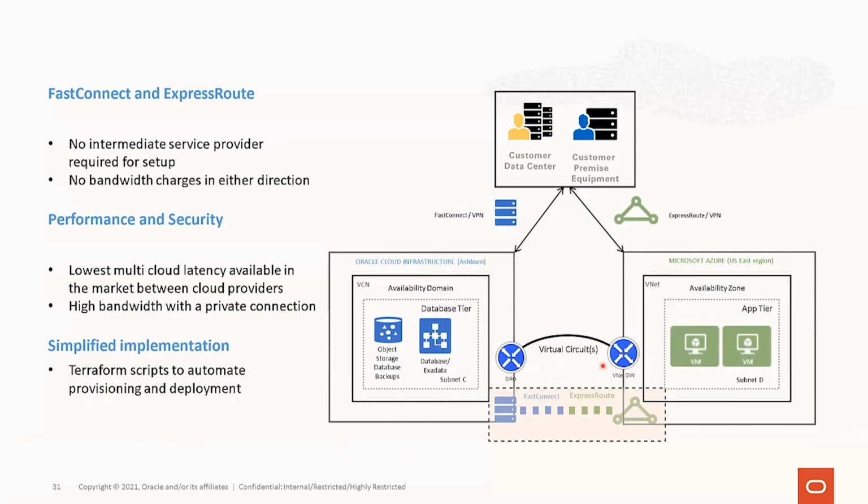So as you can see, there is no third-party connectivity provider providing this link between our DRG and the virtual network gateway. We only have our FastConnect and ExpressRoute working together. And remember, no extra data transfer charge will be applied, ingress or egress.